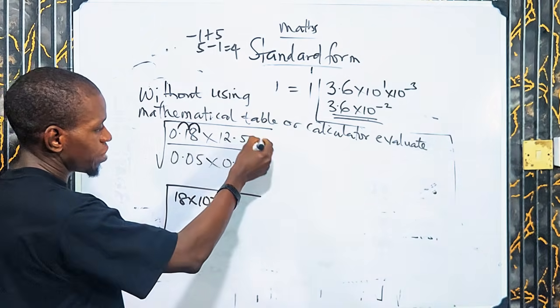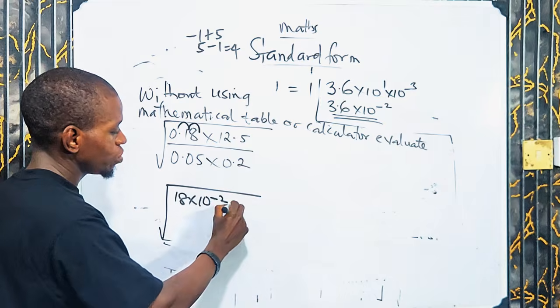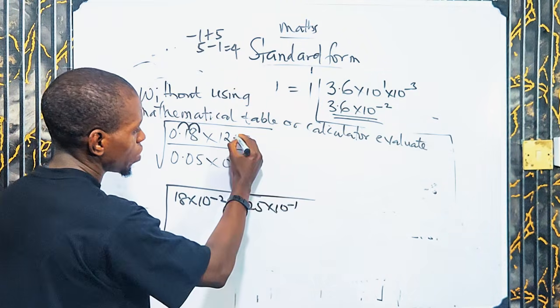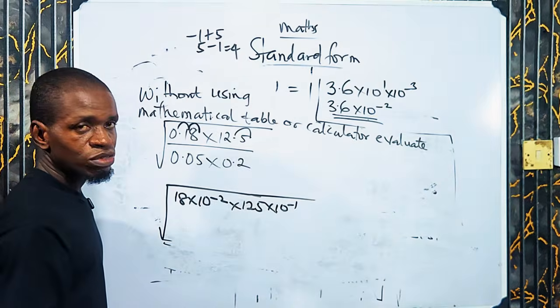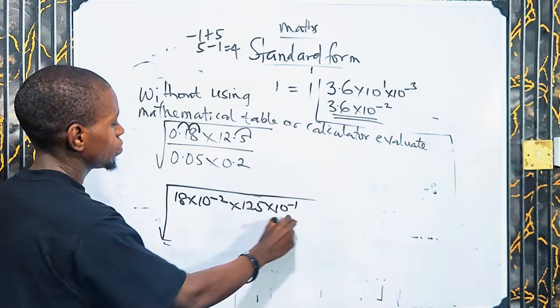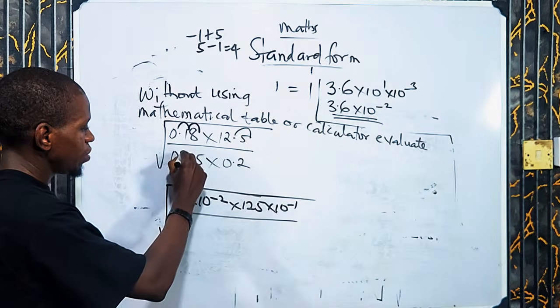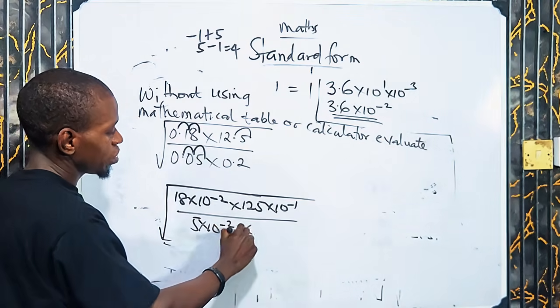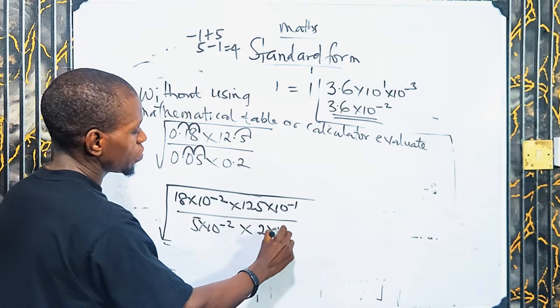For 12.5, from front to back as well, it's going to be negative. So I'm going to have it as 125 times 10 to the power minus 1, because I only moved it once. For the denominator, the same thing here, 1, 2, I'm going to have 5 times 10 to the power minus 2. Okay, times 2 times 10 to the power minus 1.